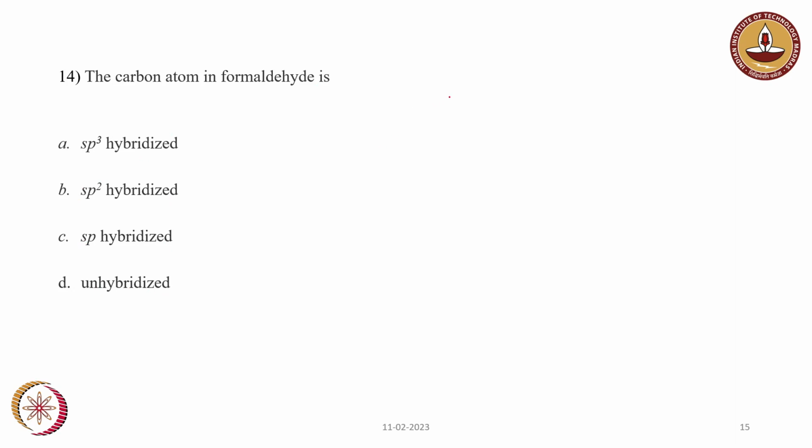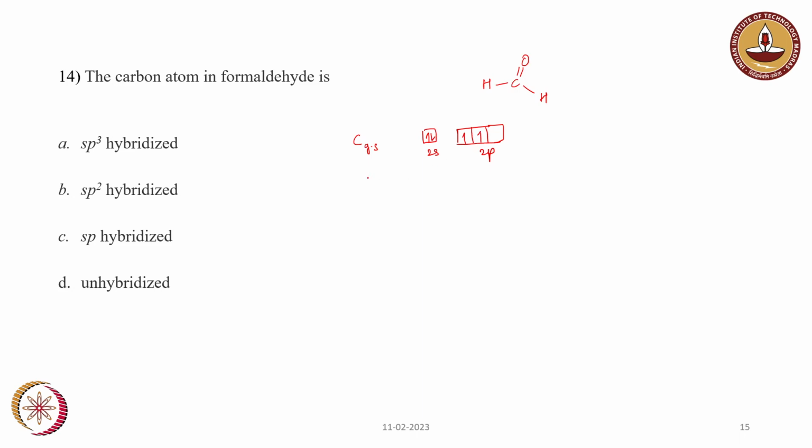So first we'll write down the structure for formaldehyde, that is H, C double bond O, and one single bond to H. So it forms a double bond with oxygen, which means carbon in its ground state has 4 electrons: in 2s 2 electrons and in 2p 1 electron each.